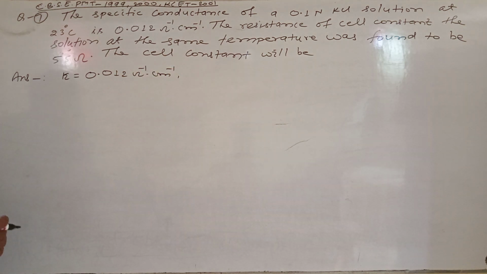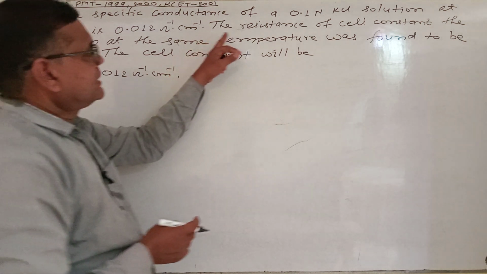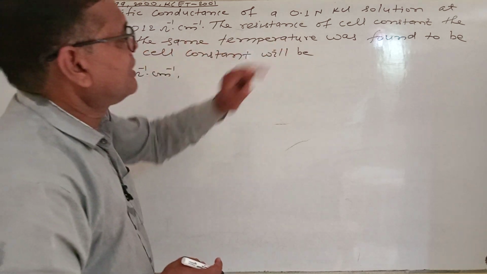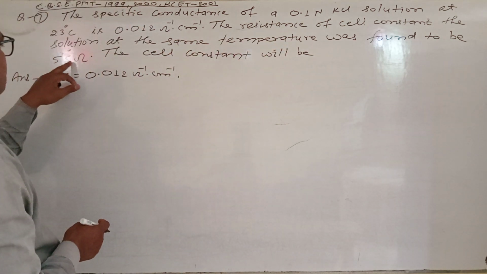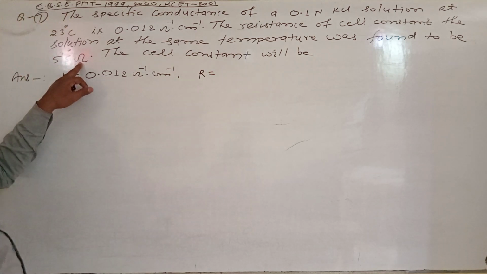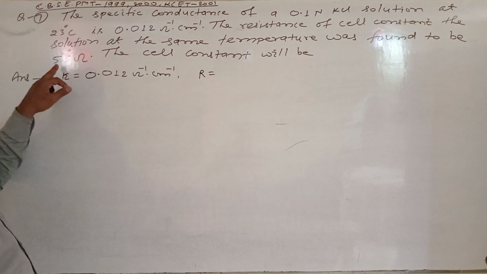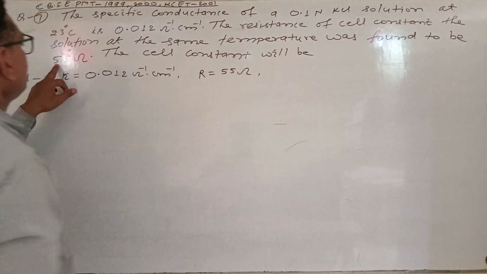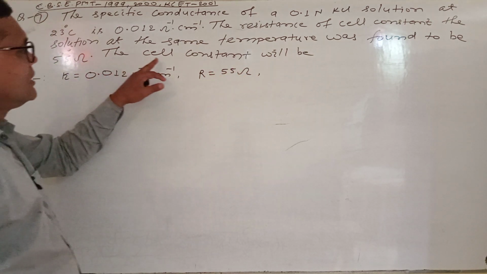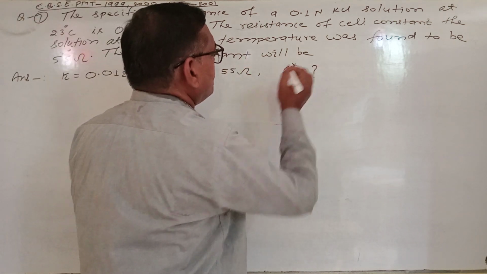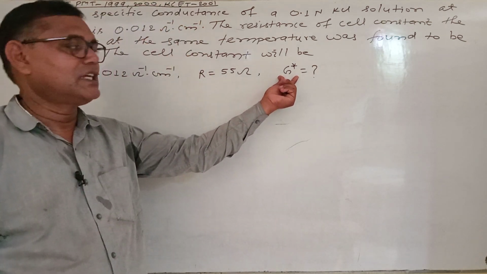The resistance of the cell containing the solution at the same temperature was found to be 55 ohm. We write R, which indicates resistance of the cell. The value of R in the question is 55 ohm. Question asks the cell constant will be. Here we write G star is equal to what, which indicates cell constant.